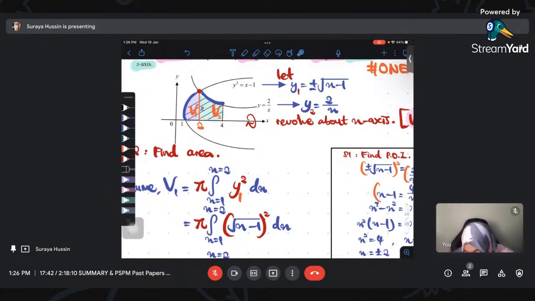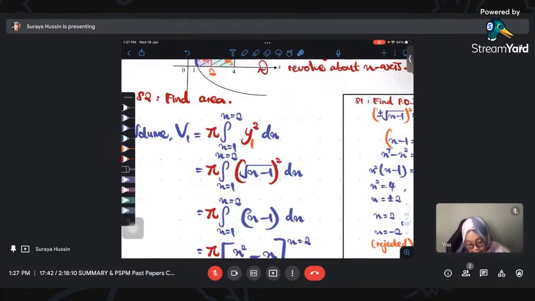Kenapa saya susah payah? Dia kan memang dah y squared. Tinggal pakai je lah x minus 1. Oh my god, I'm so stupid. No, I'm not stupid. Yeah, Rochelle. Untuk soalan ni, every region only have one curve only kan.